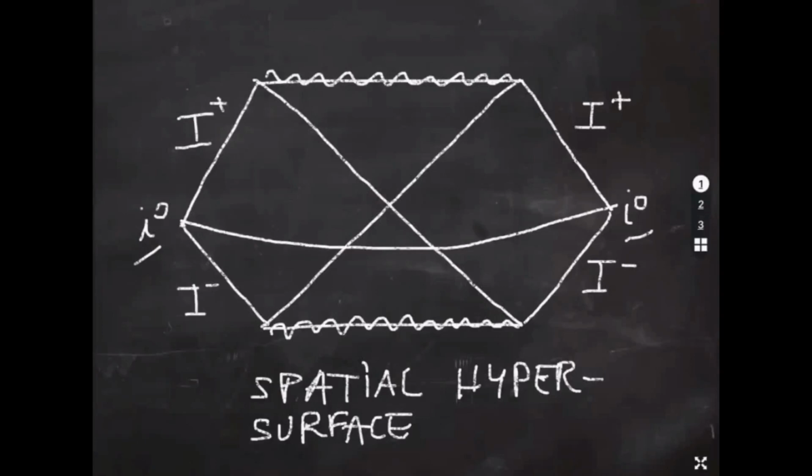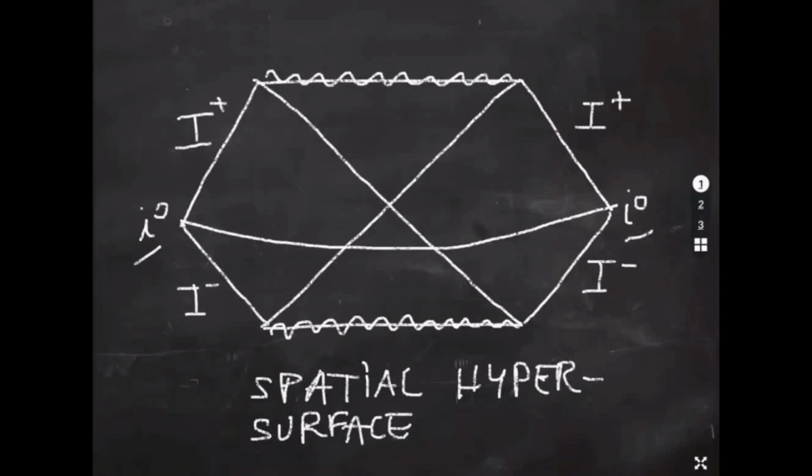And this is so because what we are implicitly doing here is to foliate, as I mentioned before, spacetime in a sequence of spatial hypersurfaces. Each of these hypersurfaces represents a moment in time. Like, for instance, you could have many of them, right?